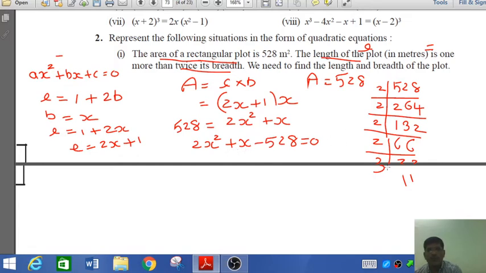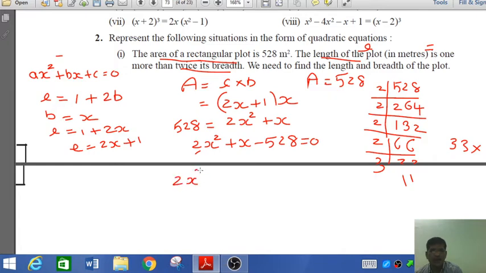So you have to make factors: 11 threes are 33, and 2 twos are 4, 2 fours are 8, 2 eights are 16, and the 2 that is here, so 32. So 33 and 32 are our factors.